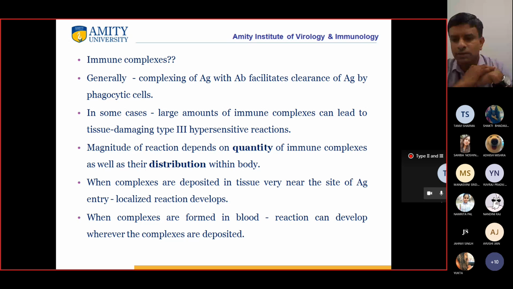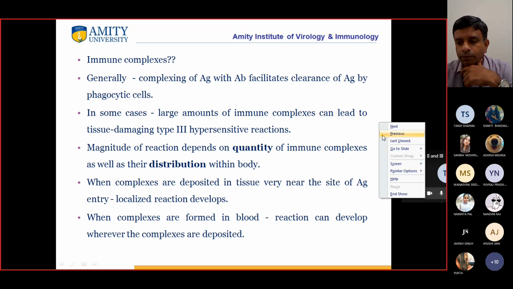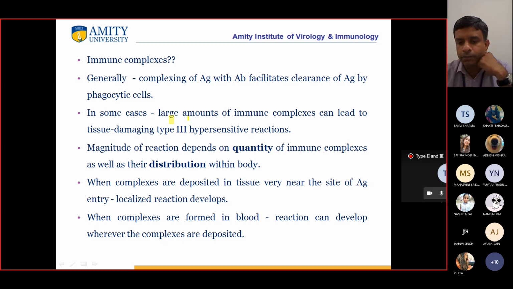But in some cases, a large amount of immune complexes are formed, and that can lead to a tissue-damaging type 3 hypersensitivity reaction, right? So in some cases, there can be type 3 hypersensitivity reaction when there are large amounts of immune complexes. Okay.